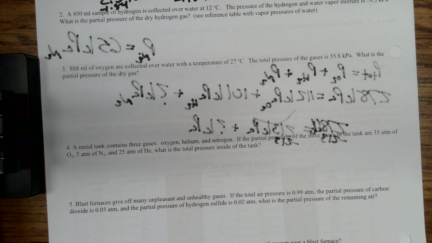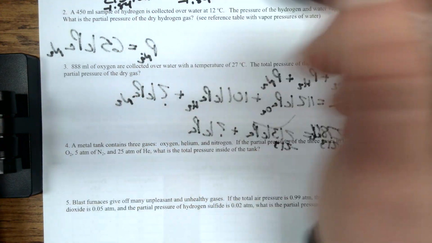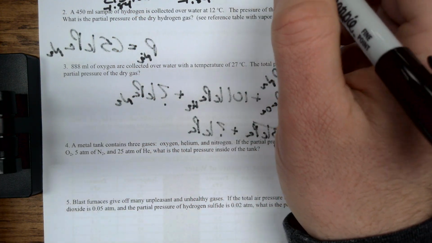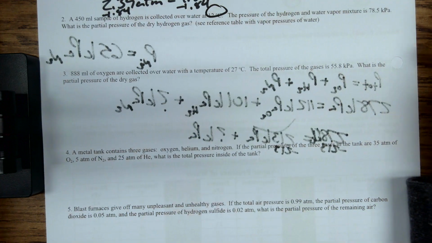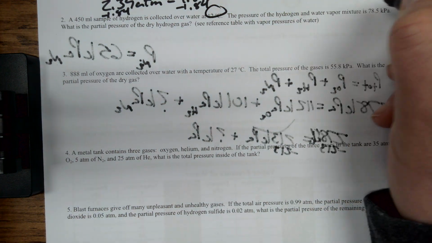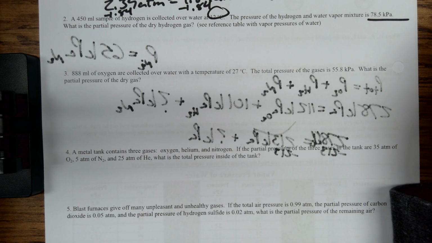So if I'm looking at number 2 here. I have a 450 milliliter sample of hydrogen being collected over water at 12 degrees Celsius. Now the pressure of the hydrogen and the vapor is 78.5 kilopascals.